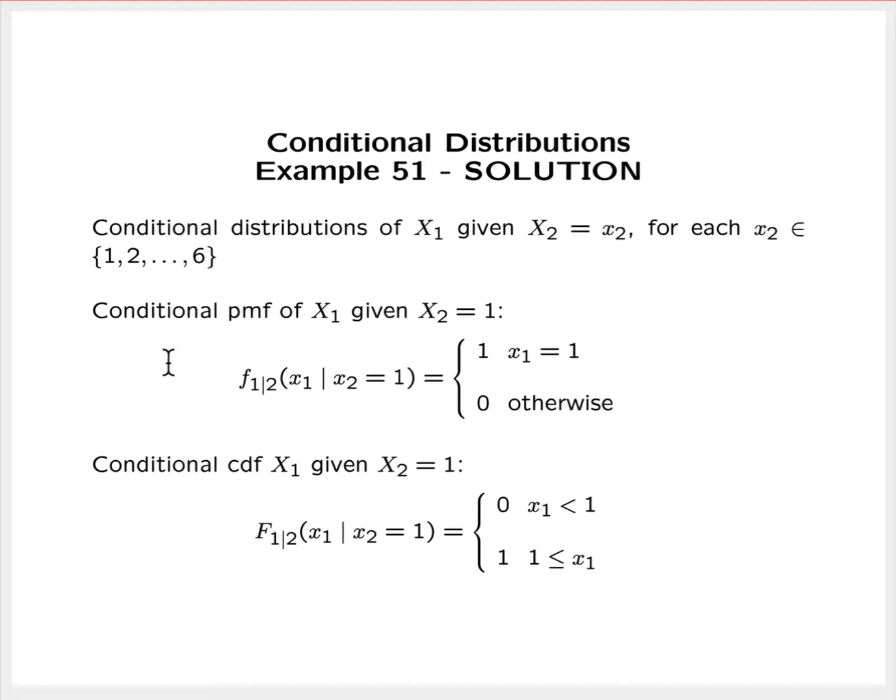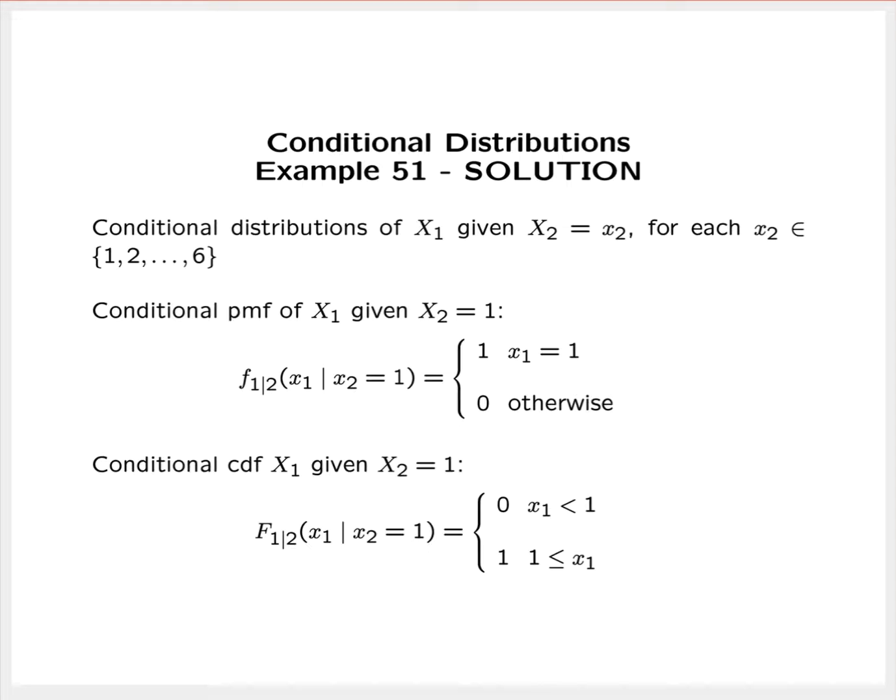Now, once we have the conditional PMF of x1 given that x2 is equal to 1, then we can find the conditional CDF of x1 given that x2 is equal to 1. Based on this PMF, the conditional CDF is equal to 0 if we evaluate it at any value of x1 that's less than 1, and it's 1 if we evaluate it at any value of x1 that is greater than or equal to 1.